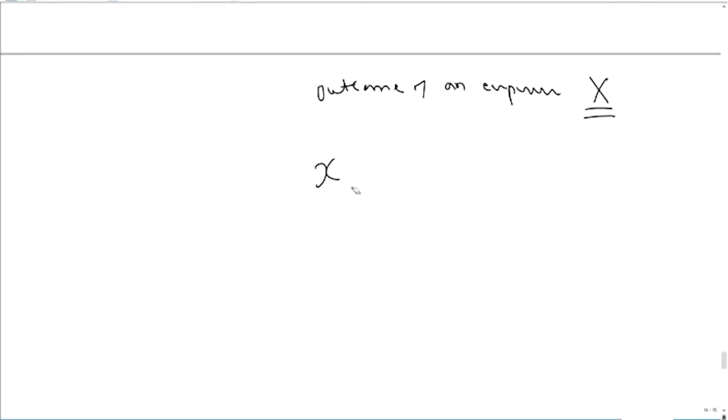And you assume that the outcome of this experiment comes from a probability density function f of x, theta. This is the probability density function which assigns probabilities to events in this event space. So this is your assumption. You have assumed that the outcome of this experiment comes from this probability density function.